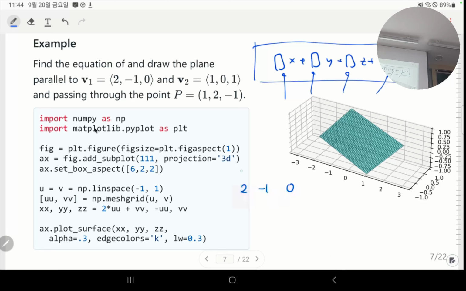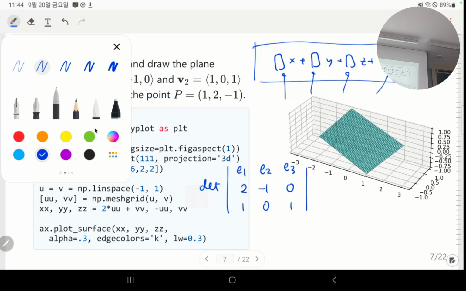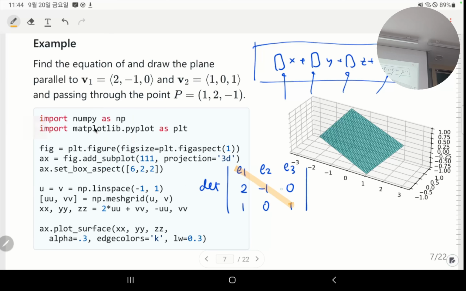So when you try to get the cross product, you have to find the determinant of a 3 by 3 matrix like this, right? So how do you take the determinant?